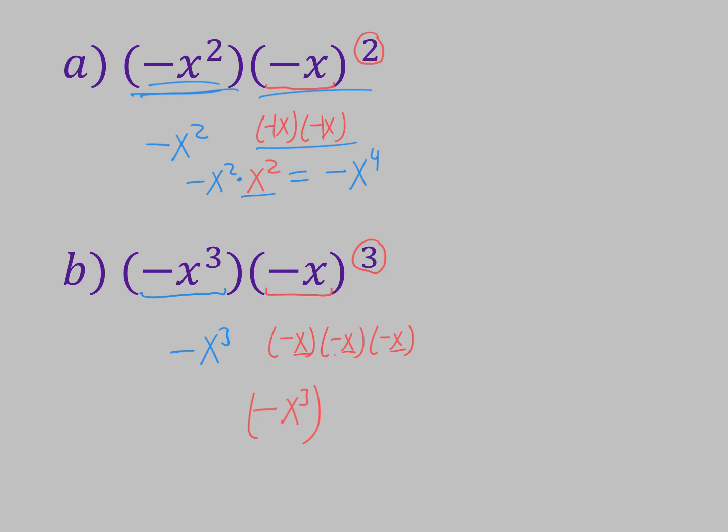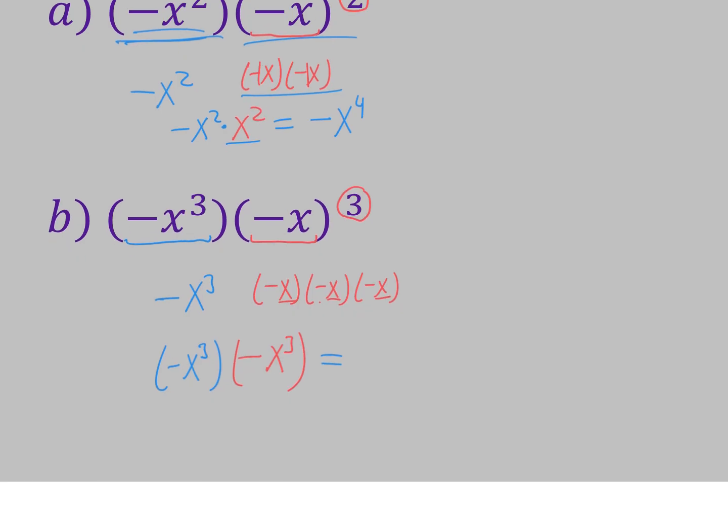So that means here I get negative x to the third times negative x to the third. Well, negative times negative is a positive, and x to the third times x to the third is x to the sixth. So I get a positive x to the sixth. Now notice it didn't really matter where the parentheses was. We still got a negative x to the third in both sets of parentheses.